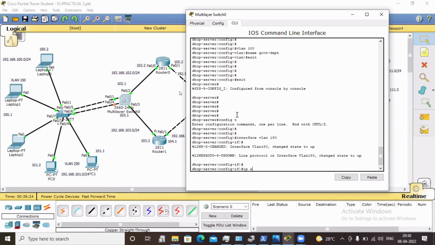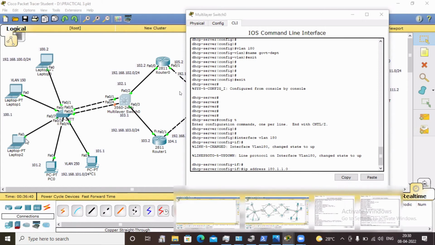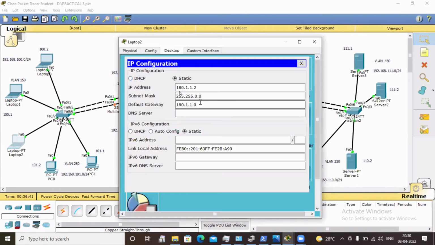Type IP address and type the gateway. Zero? No, it's one. What have you given on the gateway? Just look. Okay, it's 1.0.